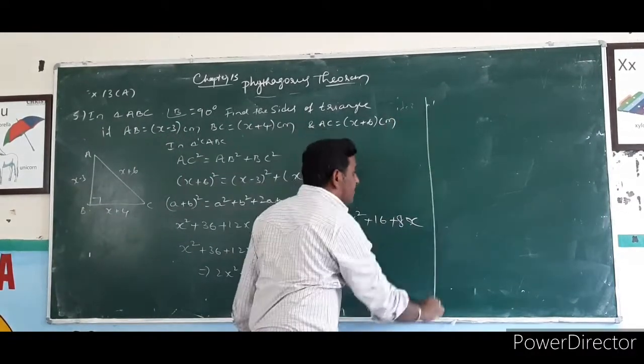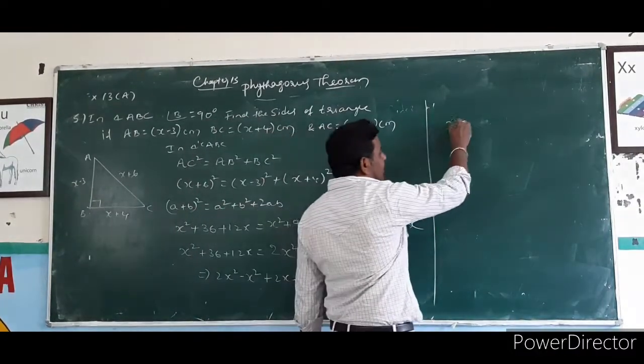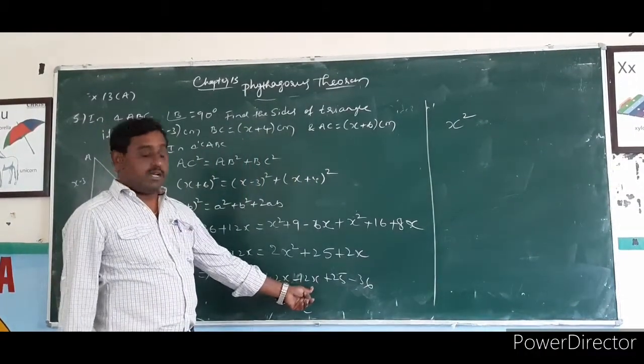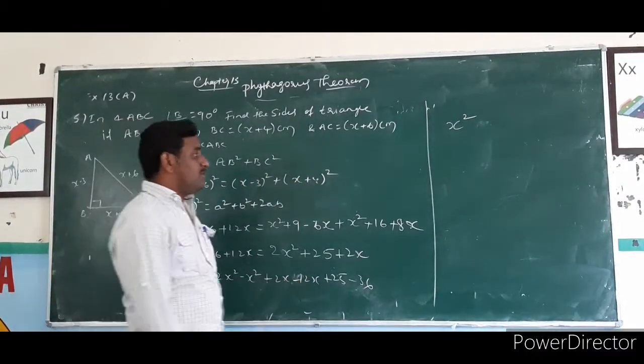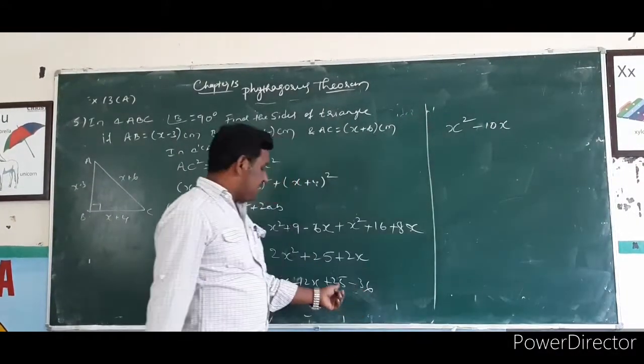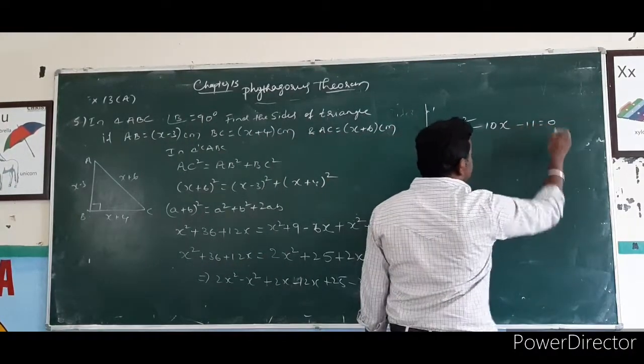That is, you will get one quadratic equation. x square goes with x square. In plus 2x minus 12x, it means minus 10x. In minus 36 plus 25, it means minus 11 is equal to 0.